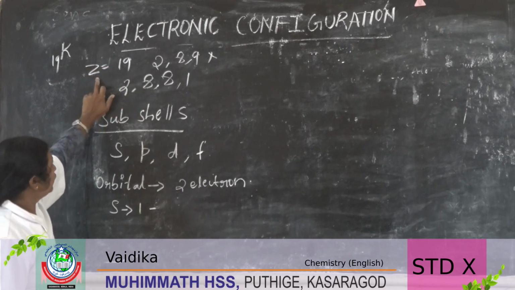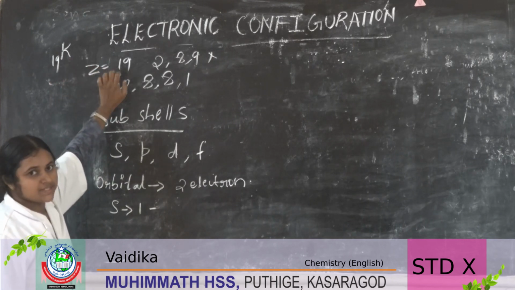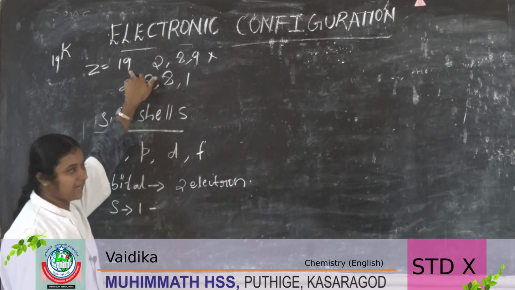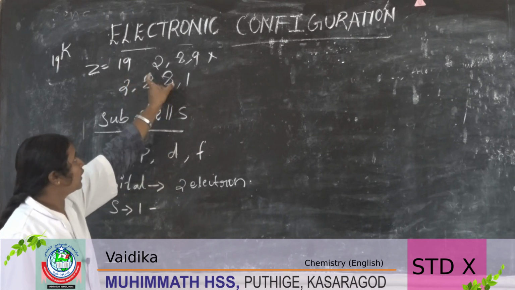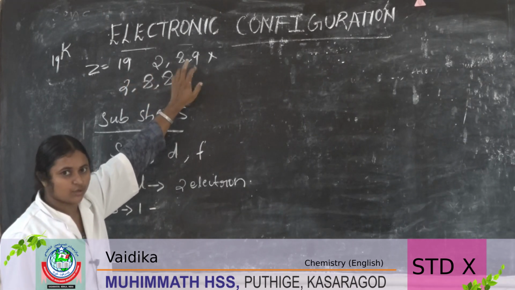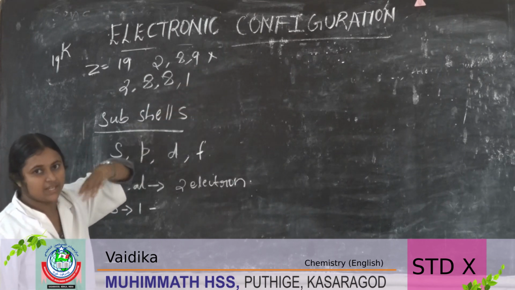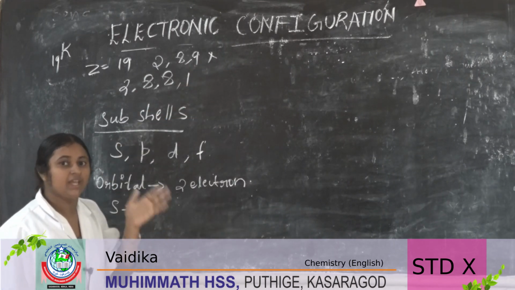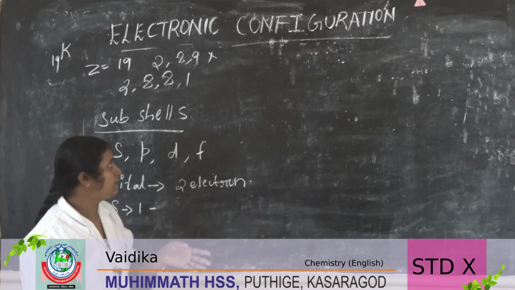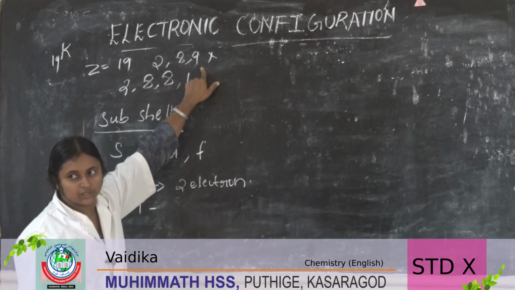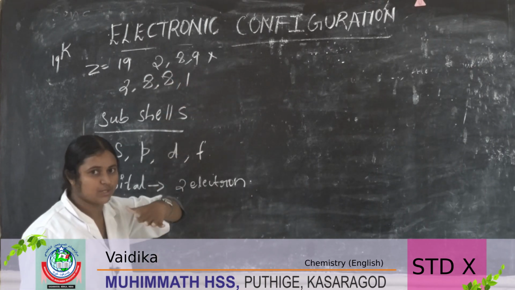As we know, for potassium the atomic number Z will be 19, right? So the electronic configuration will be like this, but it was not true, as some theories put forward after the Bohr atomic model proved that this is wrong. So what are they?